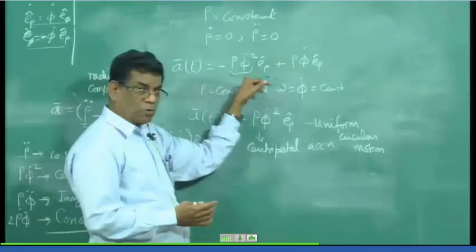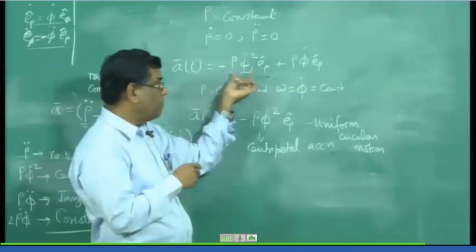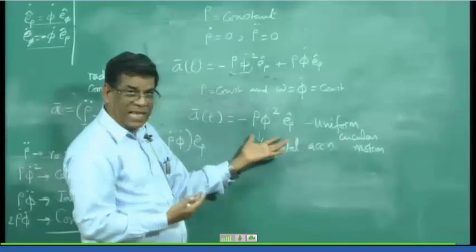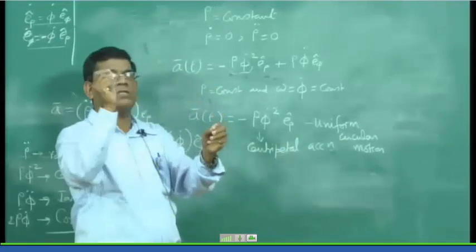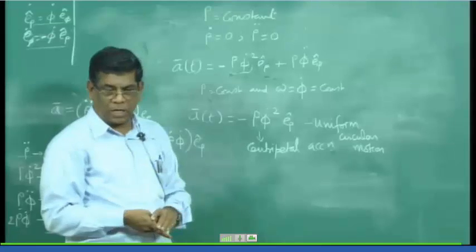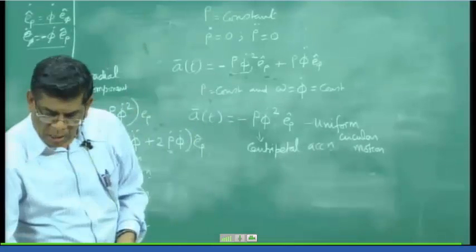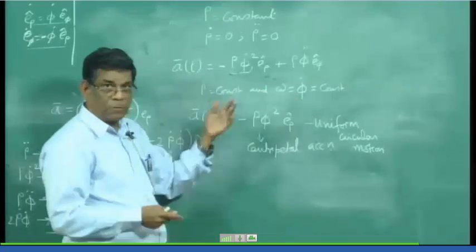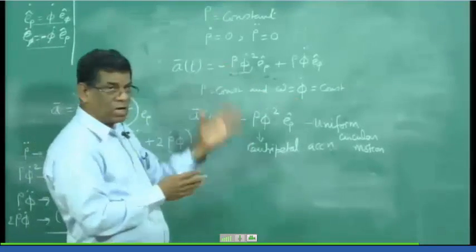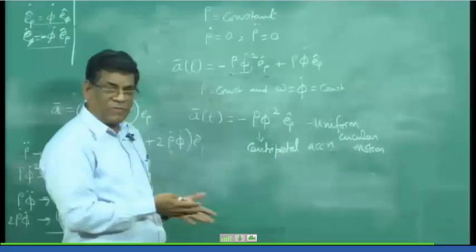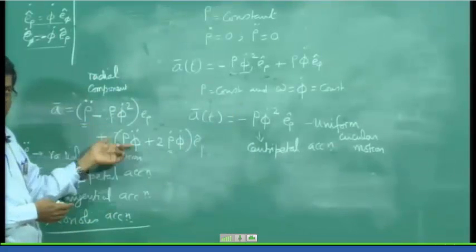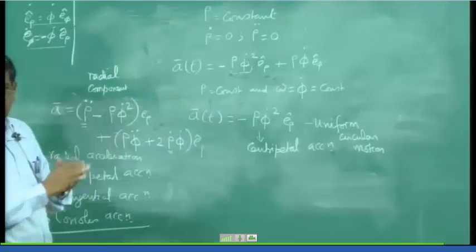It is also circular motion, it also has centripetal acceleration, but it has an extra acceleration as it moves. Here that is missing, therefore it is going with a constant speed throughout the circle. Now, if we put some conditions like this, rho is a constant, phi dot is a constant, it immediately becomes very easy for us to apply them and try to understand the motion.